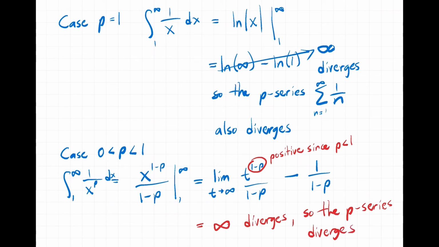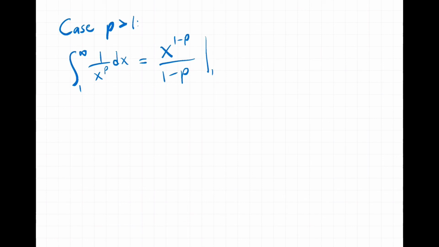One more thing to look at. What happens if p is greater than 1? So this time the integral from 1 to infinity of 1 over x to the p dx, again, is giving us x to the power of 1 minus p divided by 1 minus p, going from 1 to infinity.